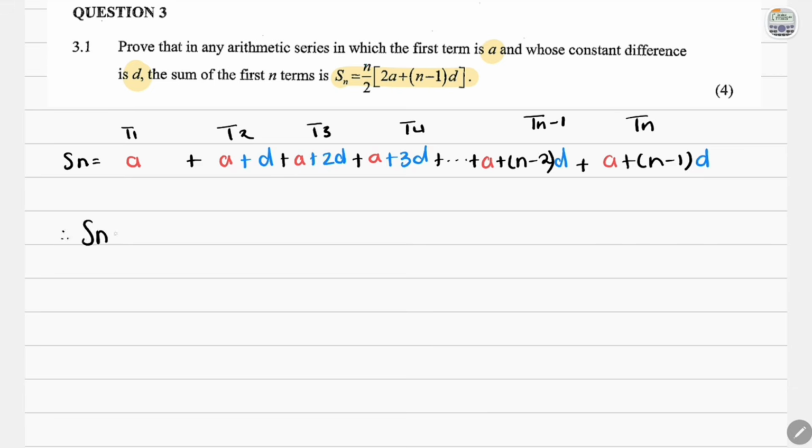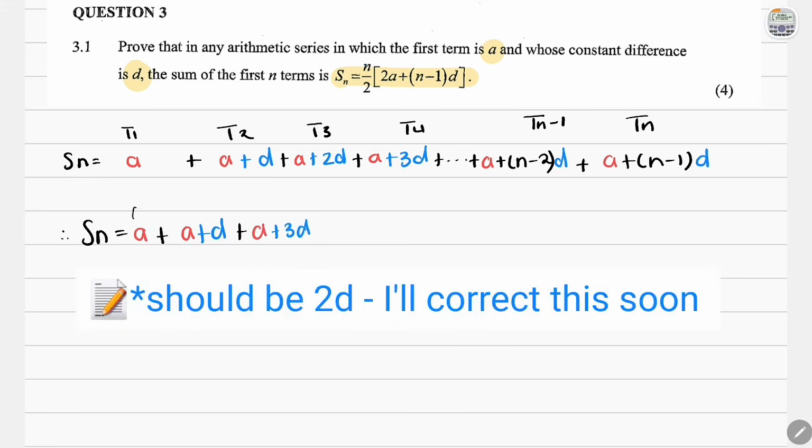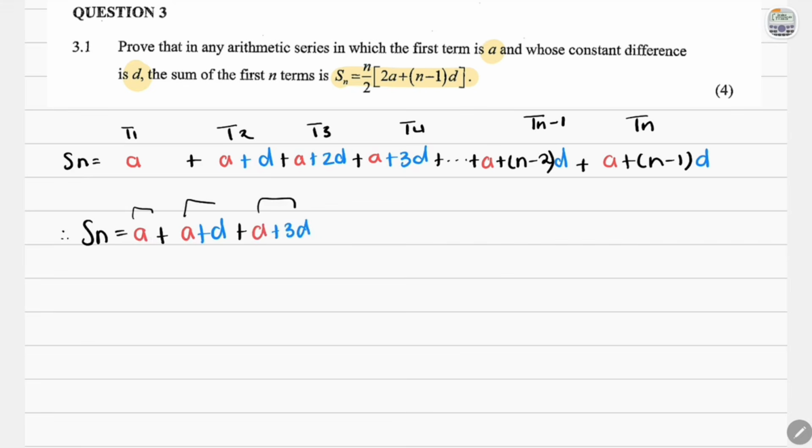We're going to say Sn is equal to A, and then plus A plus D, and then A plus 2D, and so on. I'll just leave it to the third term, just so we can get a picture of what's going on here. So this is going to be A plus 2D. So these are our terms: the first term, second, and the third term.